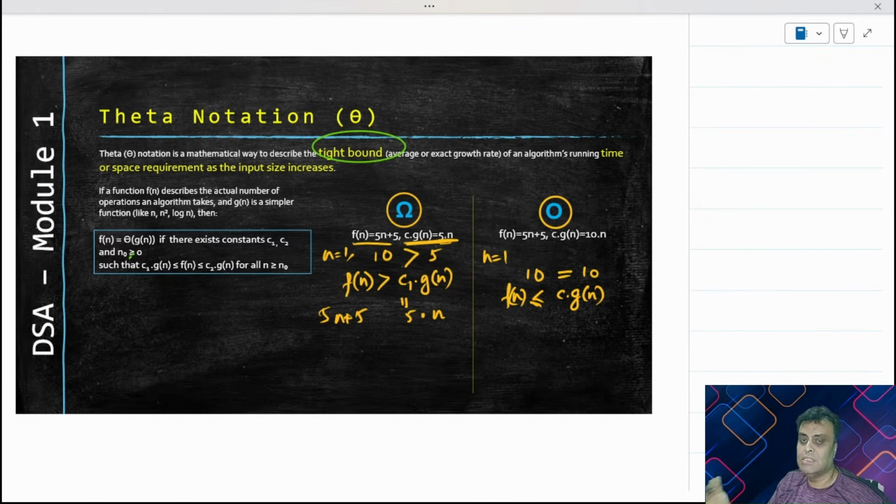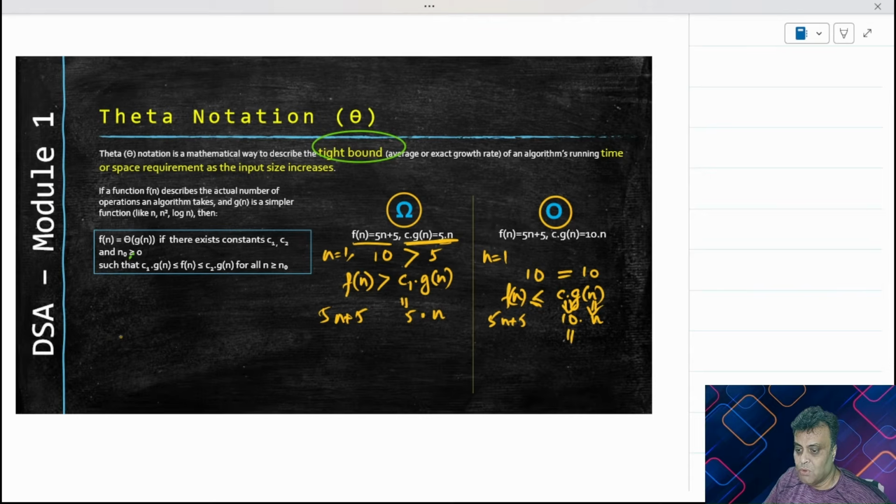In this case, C Gn is becoming equal to Fn, so it represents the upper bound. So what is Fn? Fn is 5n plus 5. What is C Gn? C Gn is 10n. In that, our 10 is basically our C, and this is basically our n.